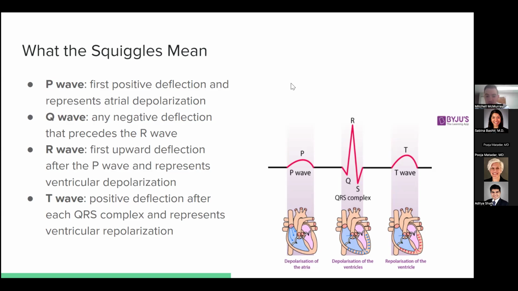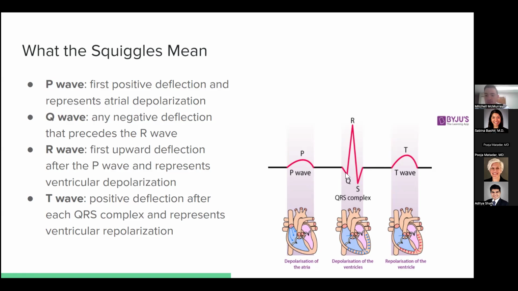Like I mentioned in the last slide, each tracing starts with a P wave. That's the positive deflection, and that represents atrial depolarization. And then we get into the Q wave, which, like I said, is the first negative deflection in the QRS complex. Not all leads have them.